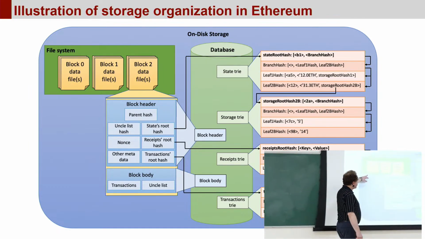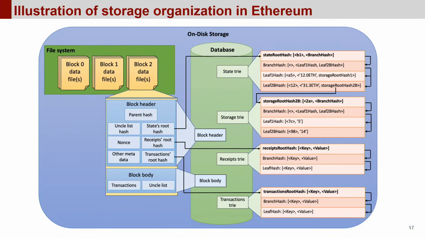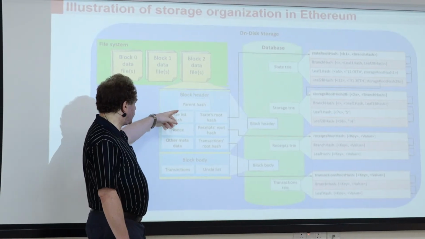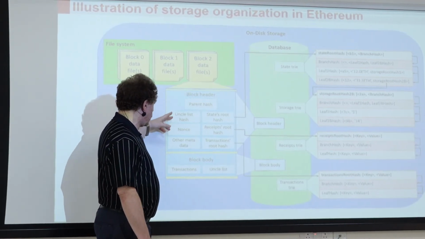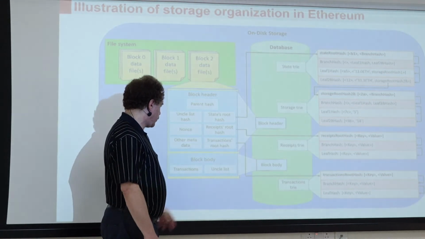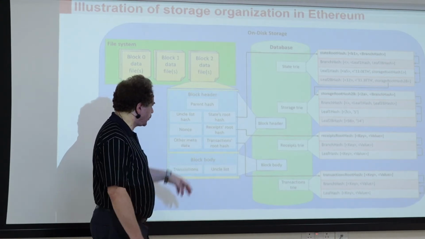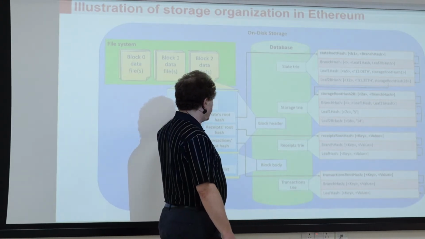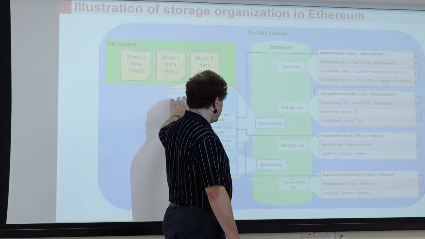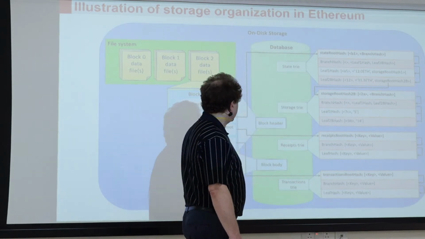So these are blocks stored in a file. And this is a header as usual. And then the block body with transactions. Okay, so this header is stored in the database, the key-value store.